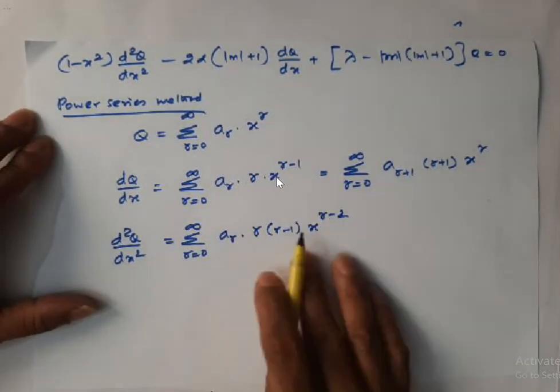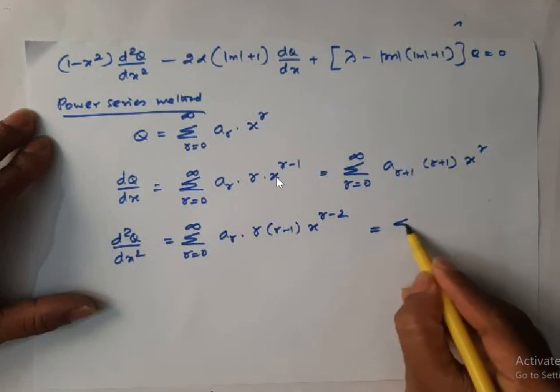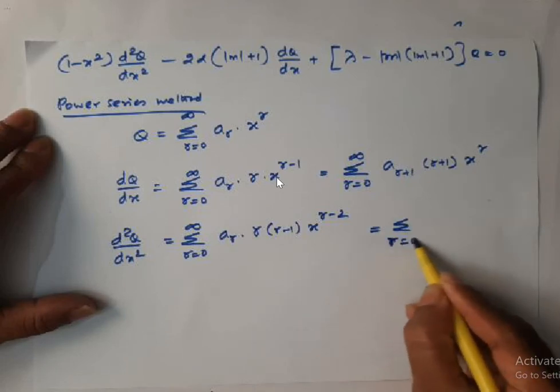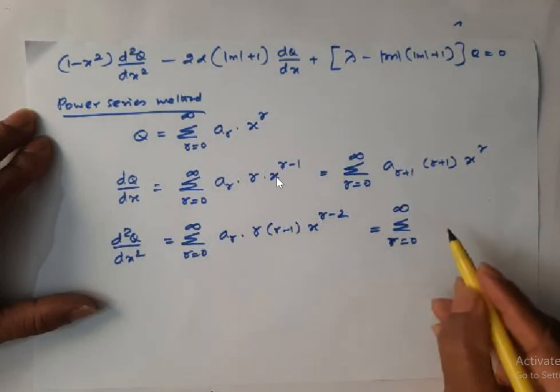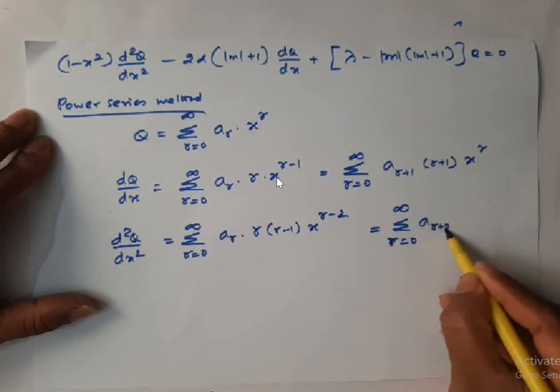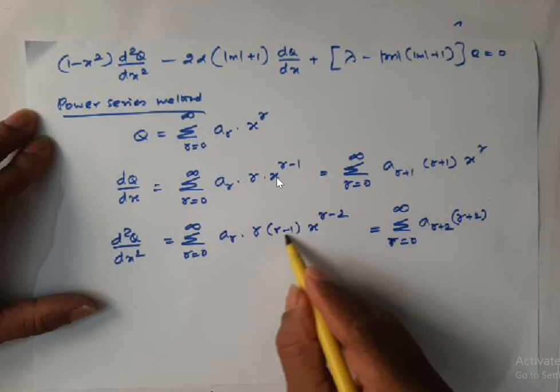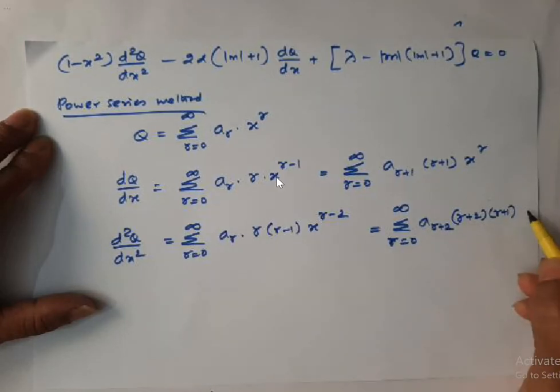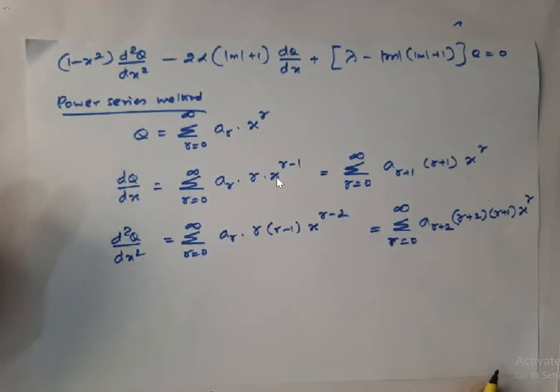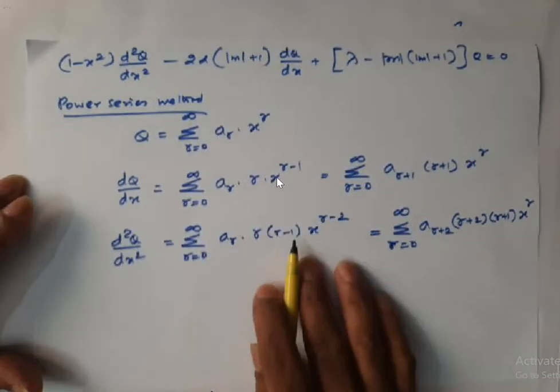You can also make this term as r equal to 0 to infinity, wherever r is there you put r plus 2, so you'll get a r plus 2, r plus 2, r plus 2 minus 1 becomes r plus 1, into x power r plus 2 minus 2 becomes r, x power r. Now I'll take this equation.